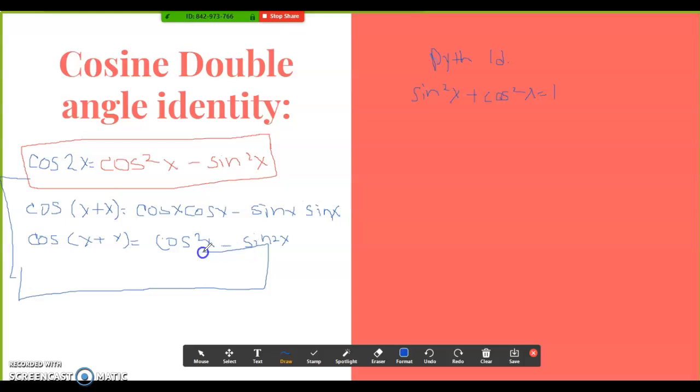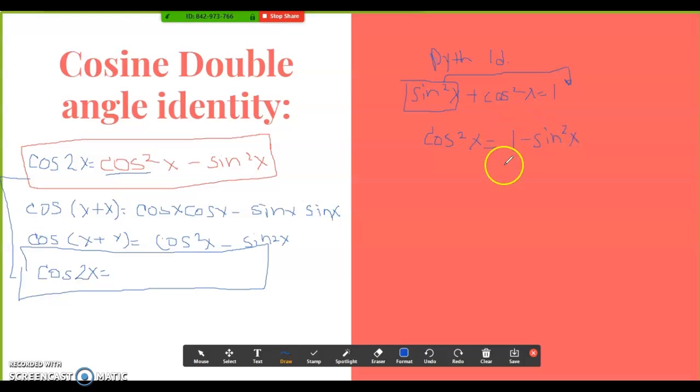So another way we can see the double angle identity for cosine is if we substitute for cosine squared x right here, if we substitute what cosine squared x equals using the Pythagorean identity. Remember, I could take sine squared and subtract it over to the other side. So I would end up with cosine squared x equals 1 minus sine squared x.